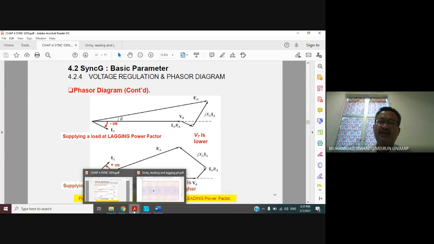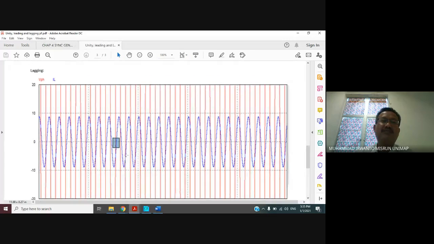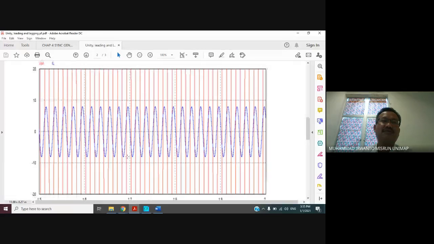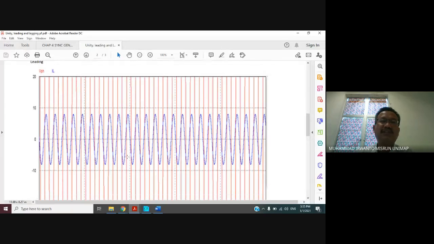If we look at the waveform, this is an example for the leading. Please observe here: the blue is current, the red is voltage, and this is time.